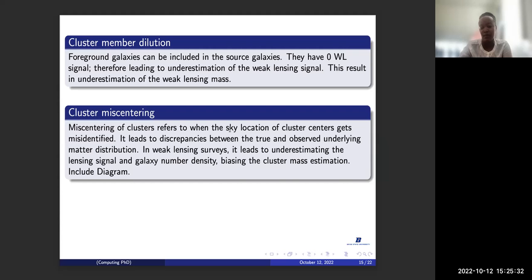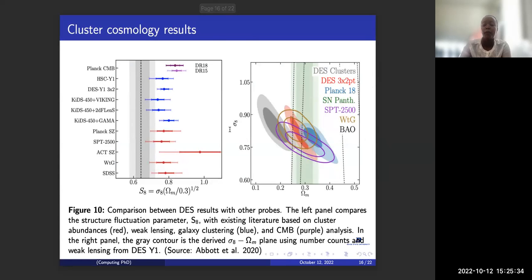One of the papers that I mentioned previously looks carefully at those systematic effects and tries to model the correction of those effects before estimating the weak lensing mass. The estimated weak lensing mass is then used in another paper to derive the cosmological parameters.